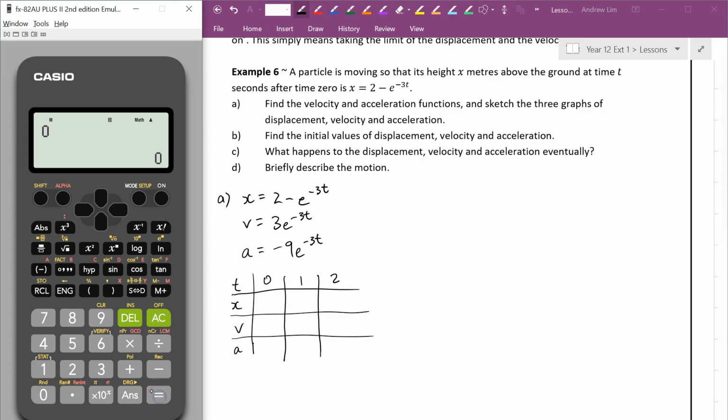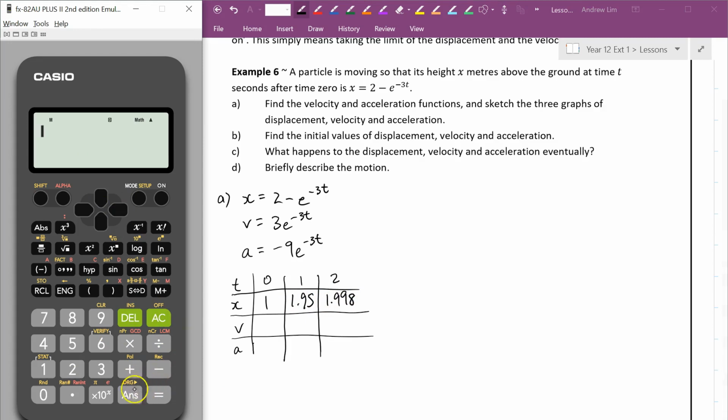So we'll do 0 first. We'll do displacement. We've got 2 minus e to the negative 3t. When t is 0, this gives 1. When t is 1, we get 1.95. When t is 2, we get 1.998. So it's pretty obvious that it's approaching 2.